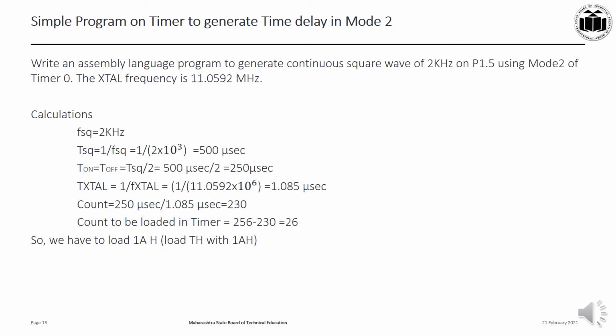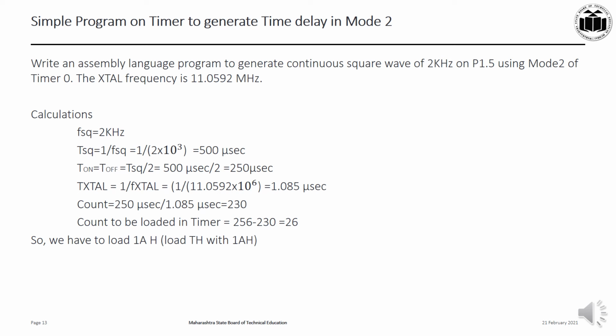Now we will try to write an assembly language program to generate a continuous square wave of 2 kHz on pin P1.5 using mode 2 of timer 0. The XTAL frequency is 11.0592 MHz. Before writing the program, we have to calculate the count value to be loaded into the timer register.